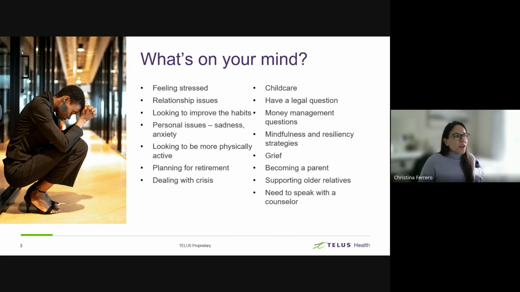Awesome. So basically for an EAP, everyone thinks it's just one specific kind of thing that's happening in your life, like if you're depressed.